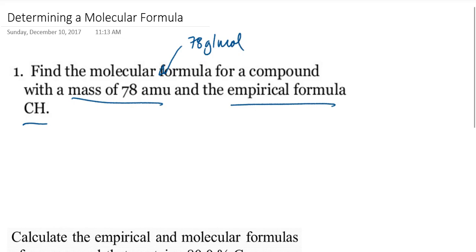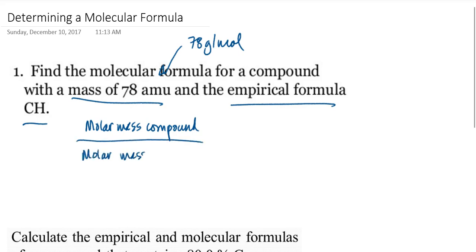And the way that I do that is I'm going to compare the molar mass for the compound to the molar mass of the empirical formula. So I'm going to determine the molar mass of the empirical formula.